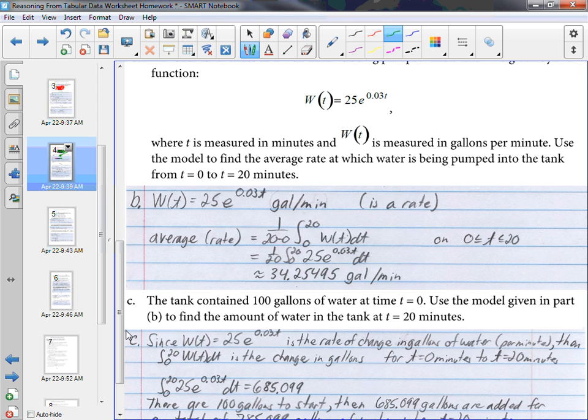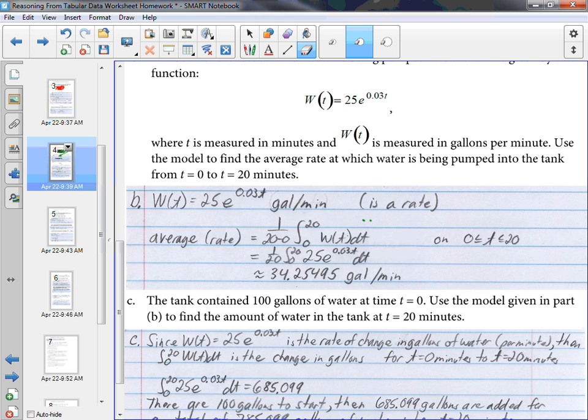All right, they didn't say the average rate of change of the rate, because a rate is what they've given us. So we have to find the average of the integral from 0 to 20. You with me? The integral from 0 to 20 gives us the amount of change from 0 to 20. Put a 1 over 20 in front of that, and that'll give you the average of whatever you're measuring from 0 to 20, okay?